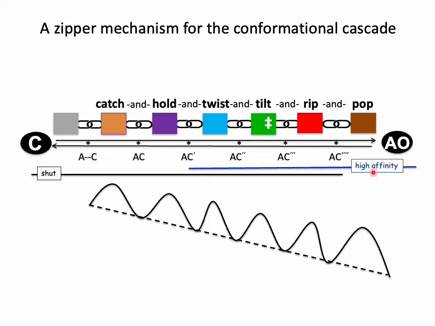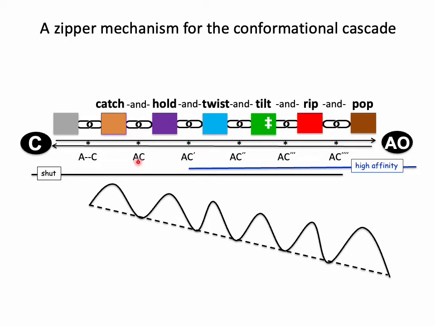And just to remind you, the blue line here highlights the states that all have high affinity. Everything after hold is a high affinity state. So I've given these names now with primes, AC prime, AC double prime, triple prime, and quadruple prime, that I think together these 4 states represent flip, also called flip.